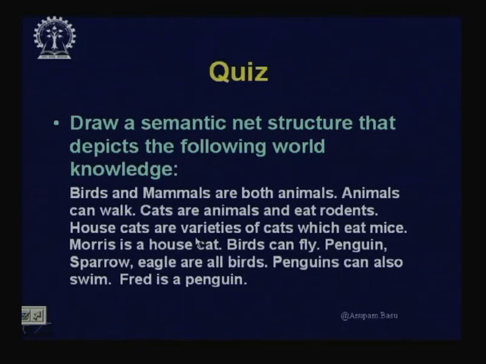Morris is a house cat. Birds can fly. Penguin, sparrow, eagle are all birds. Penguins can also swim. Fred is a penguin.